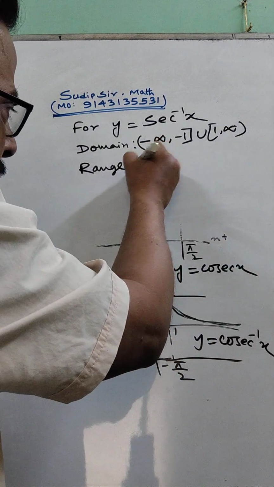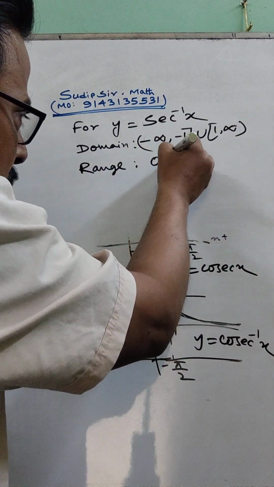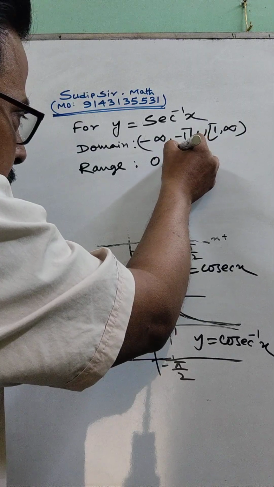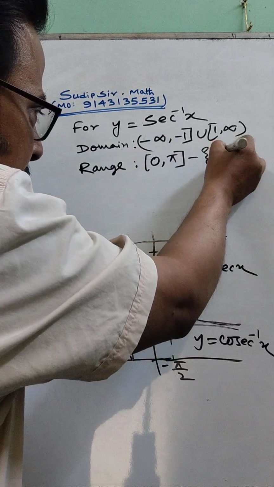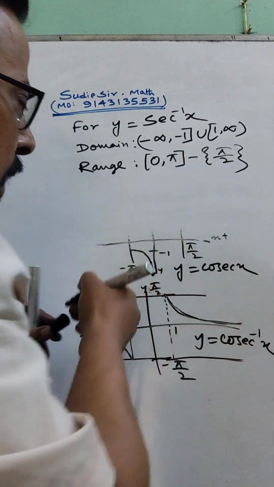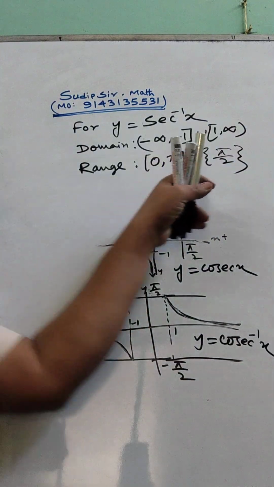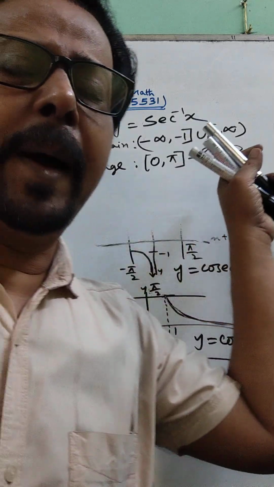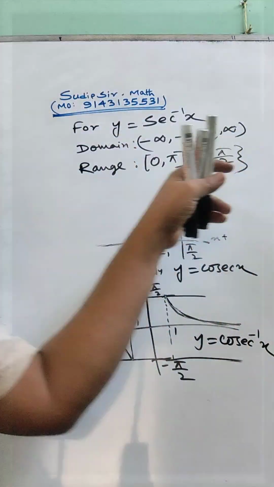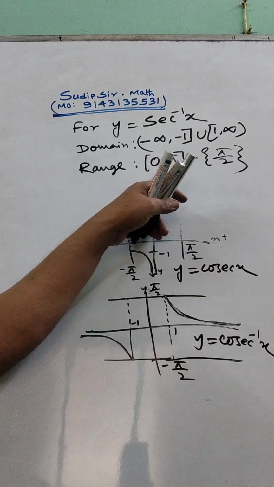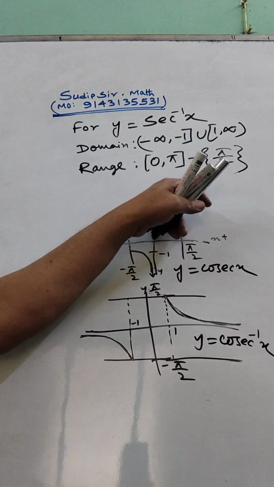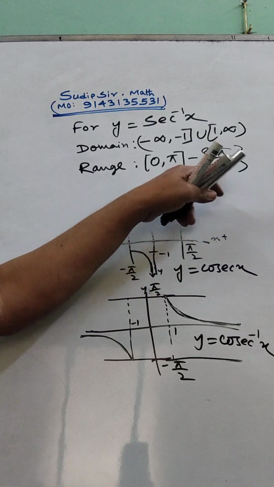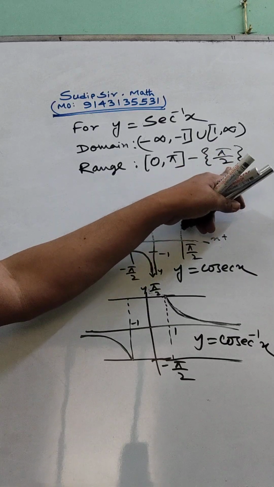And its range will be 0 to pi by 2, but it does not take pi by 2. 0 to pi, it will not take pi by 2, because sec of pi by 2 is undefined. That's why the range will be 0 to pi, but exclude pi by 2.